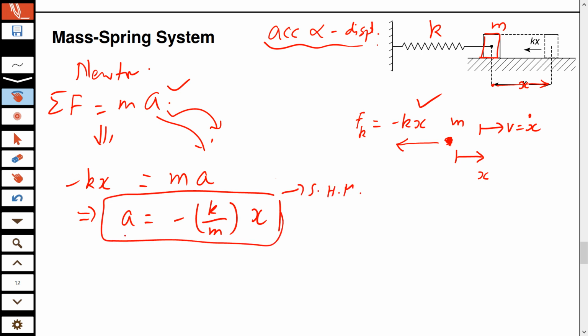Why? Because the acceleration is proportional to the displacement and with that negative sign. अब यहां से कोई आप guess कर सकता है कि इसका omega क्या होगा? How do we set that up?